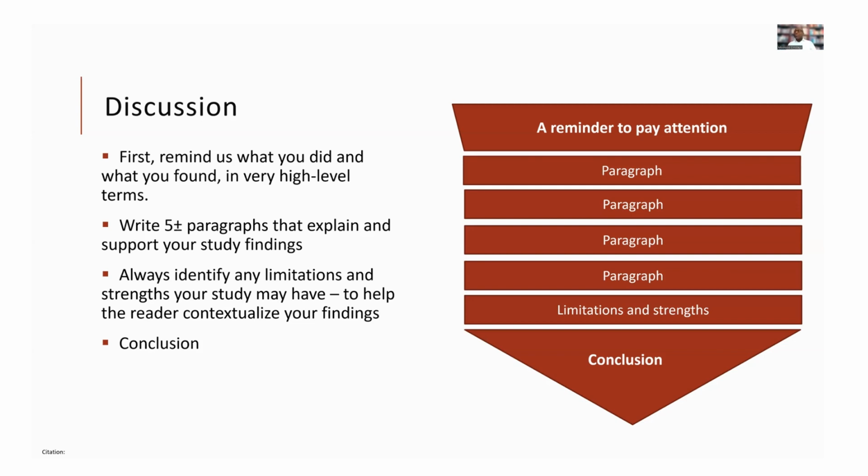Sometimes you'll find other studies or other reasons that strengthen or confirm the results that you found in your study also. Never forget to identify the limitations and strengths that you think are unique to your study, or that make your study worth the while. Those are things that come up under the discussion, and then you should have a conclusion.